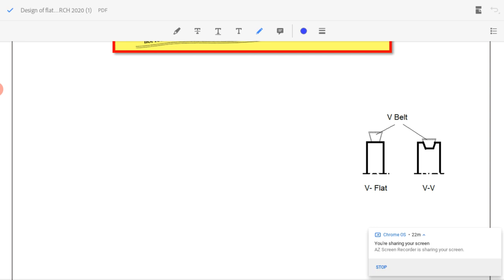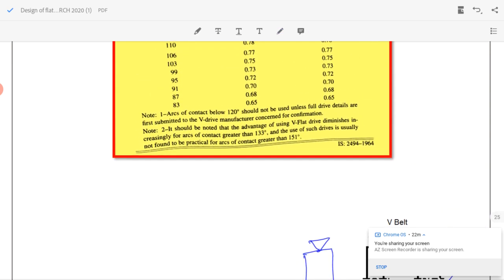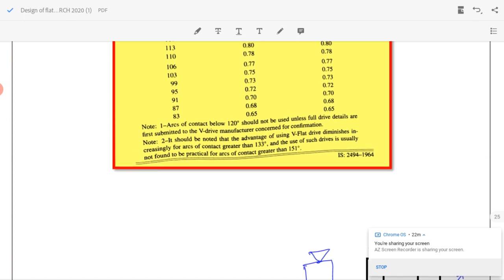If the V belt is running over a flat pulley, it is called V flat. Now, how to select whether we have to choose V flat or VV? At the bottom of the table, something is written in very small letters.